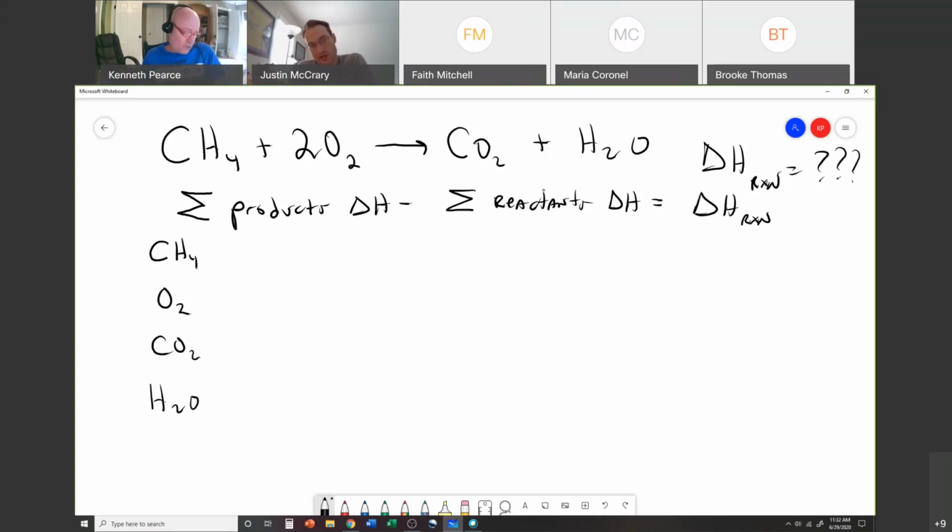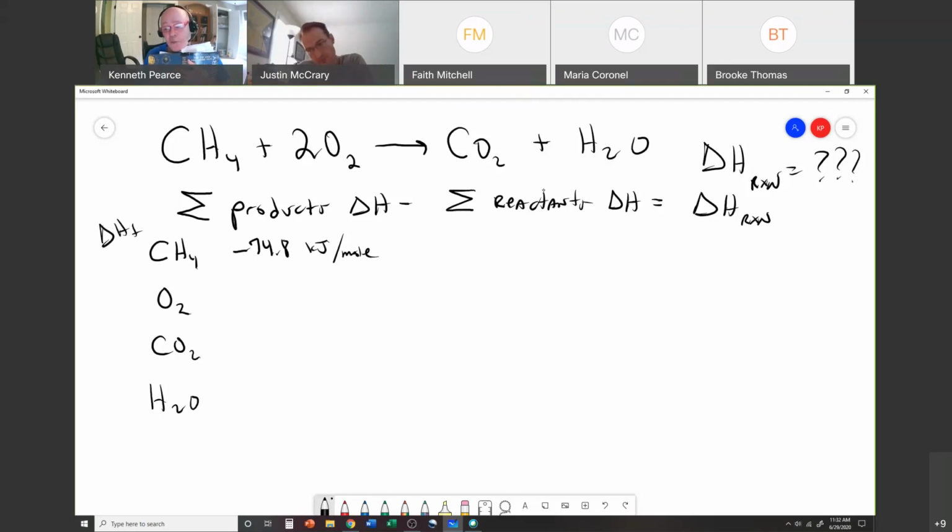So I'm going to say CH4, we're going to find carbon, and CH4 gas is minus 74.8 kilojoules per mole, by the way. That's the units. Oxygen, what's delta H of formation for oxygen gas?